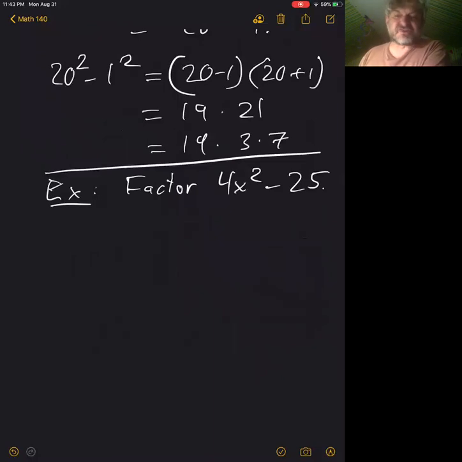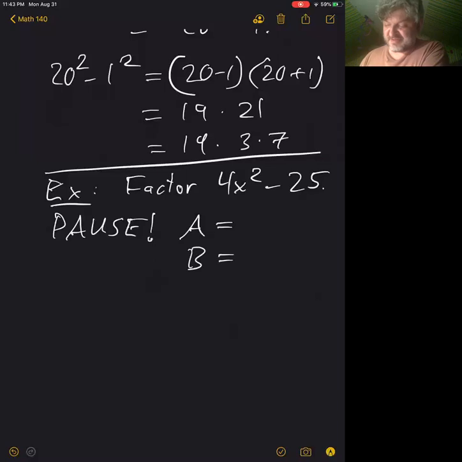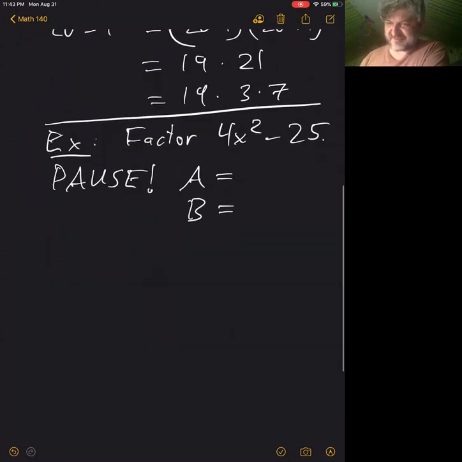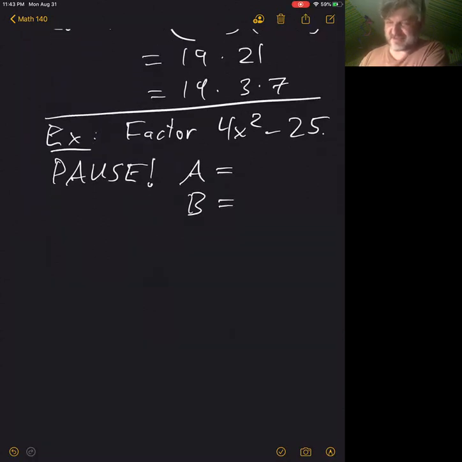Here, the a squared and b squared should be easier to spot, right? So pause the video. A is what? B is what? Pause it. Think about it, 5 seconds, 10 seconds. And now you should have come up with a is 2x and b is 5.